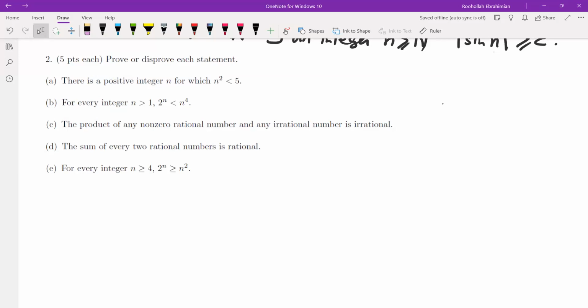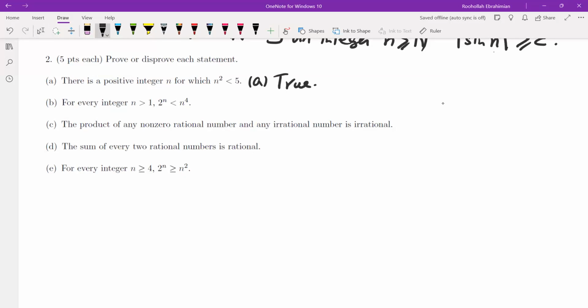The first one is there is a positive integer n for which n squared is less than 5. So all it asks us to do is to say, is there a positive integer n that n squared is less than 5? If there is one, then the answer would be it is true. And clearly we know that there is such an n. This one is an existential statement. It says there is.